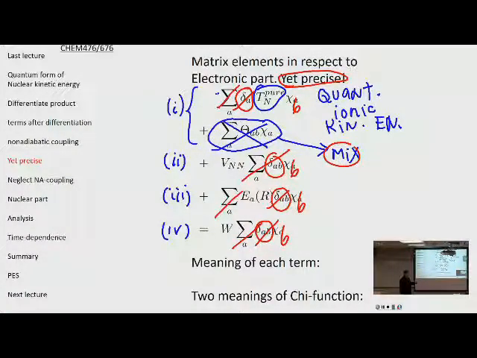Drop it. And then this meeting between the delta function and the summation will remove them both and change the index from A to B. Good? Now we have four terms back.